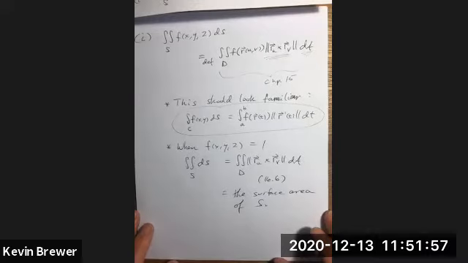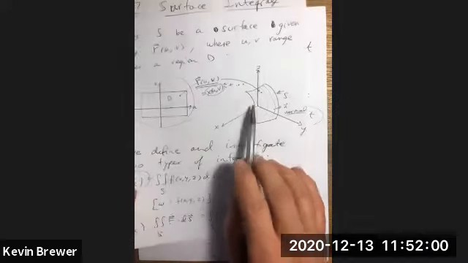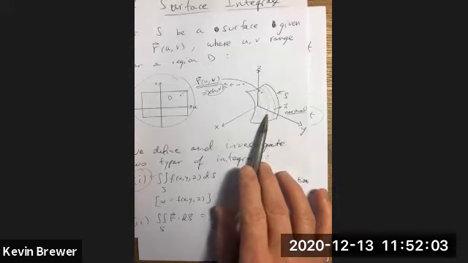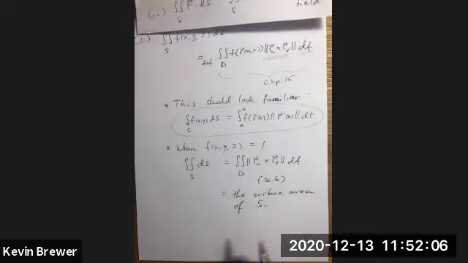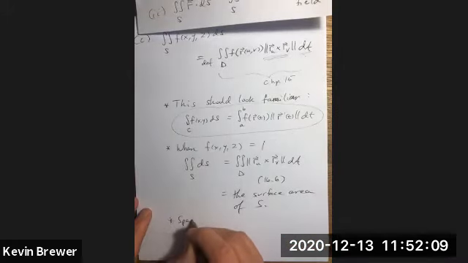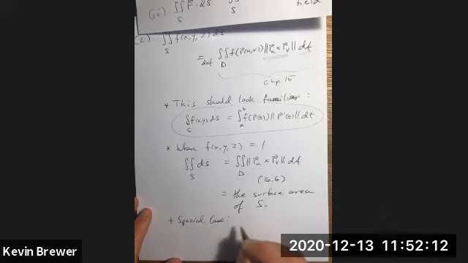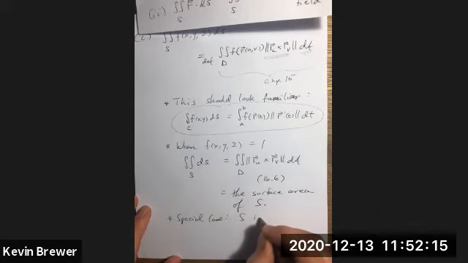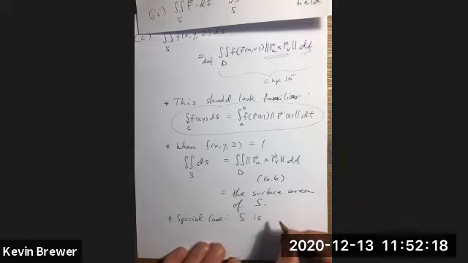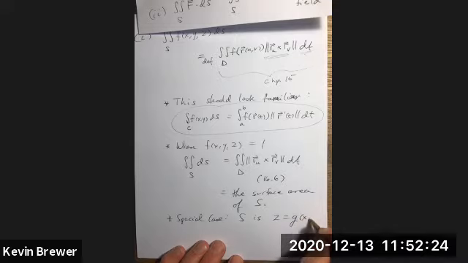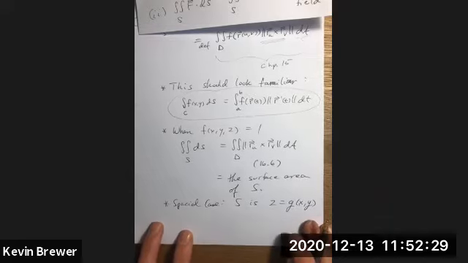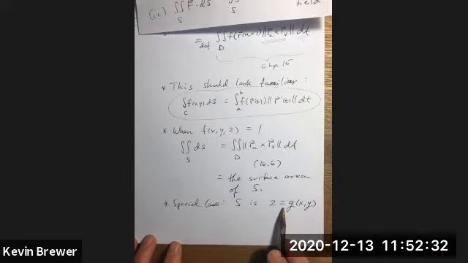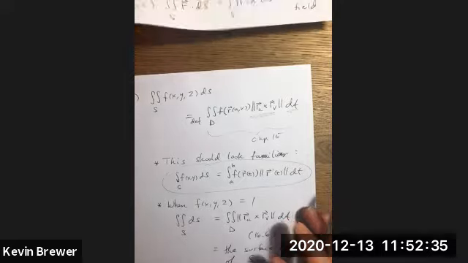Okay, and we've seen in previous sections that there's a special case. I'm finally in the habit of not drawing the special case initially. The special case is where S is given by z equals g of x, y. I try to remember to use g since we've already used f. In other words, the special case is where the graph would pass the vertical line test.